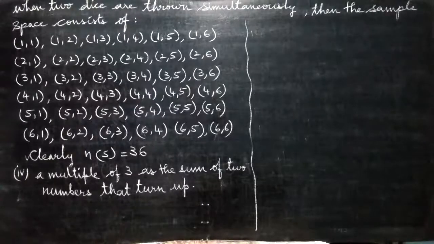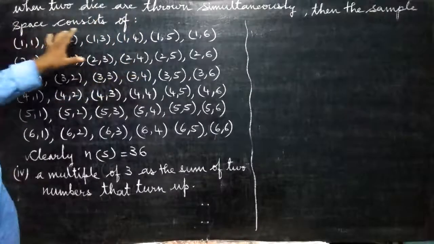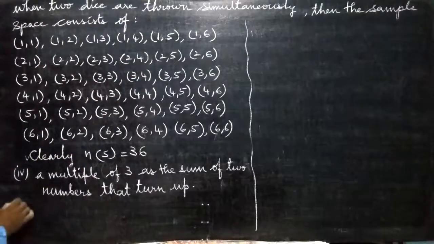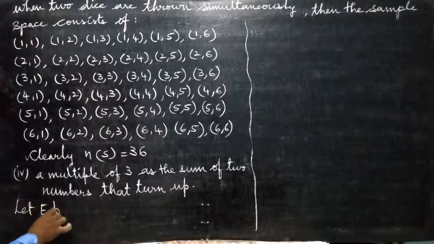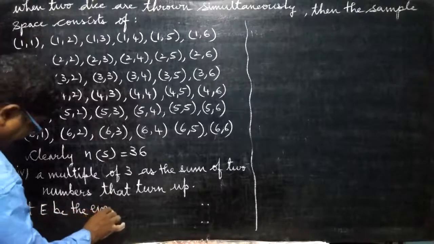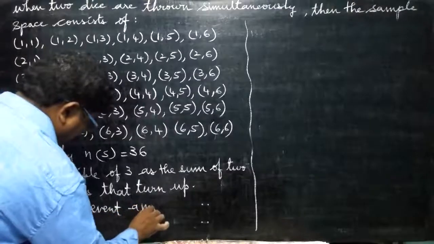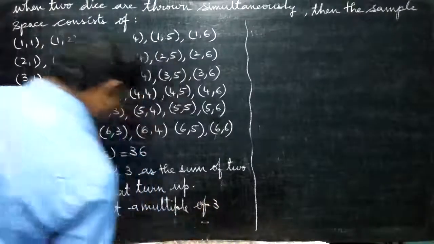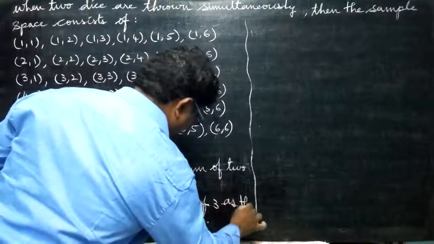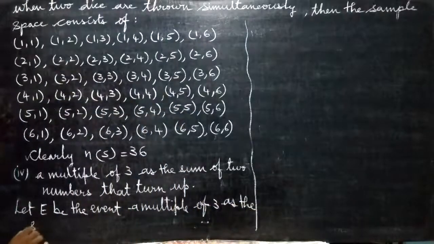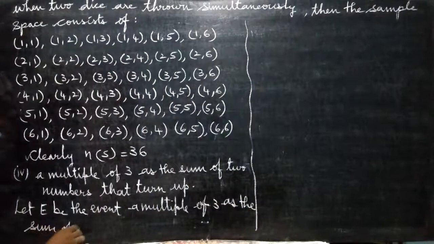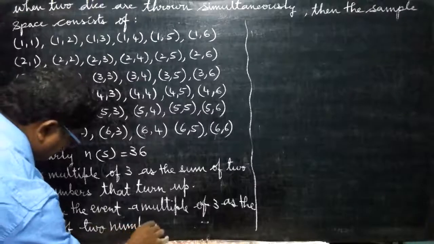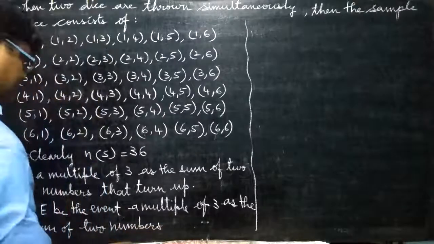Same problem, fourth bit. When two dice are thrown simultaneously, the sample space consists of these 36 ways. Write clearly. And what is the event? Let E be the event of getting a multiple of 3 as the sum of two numbers that turn up.